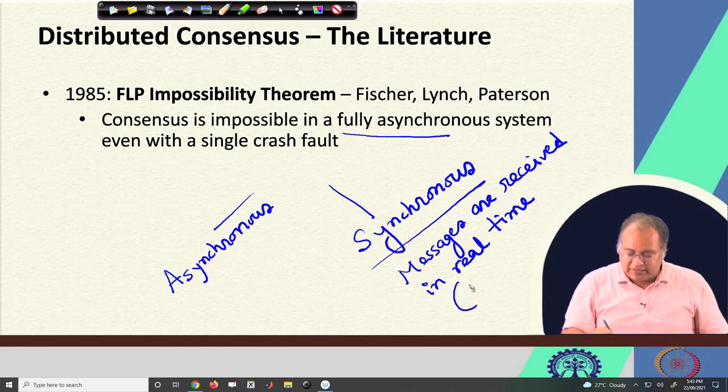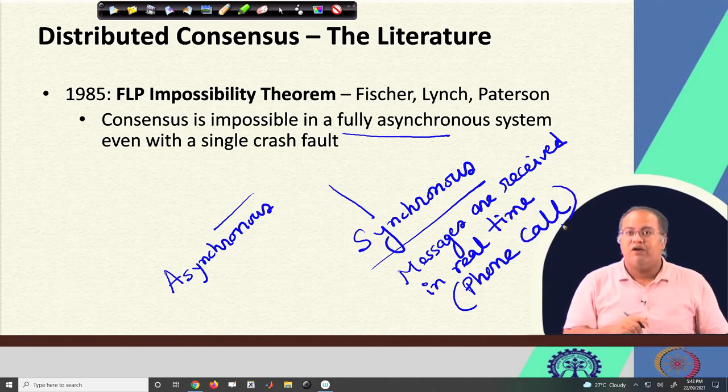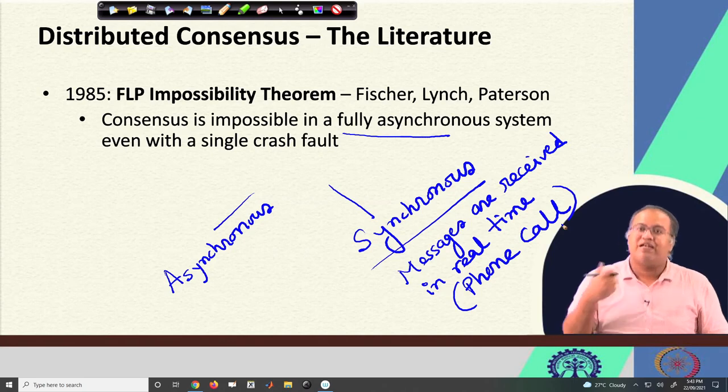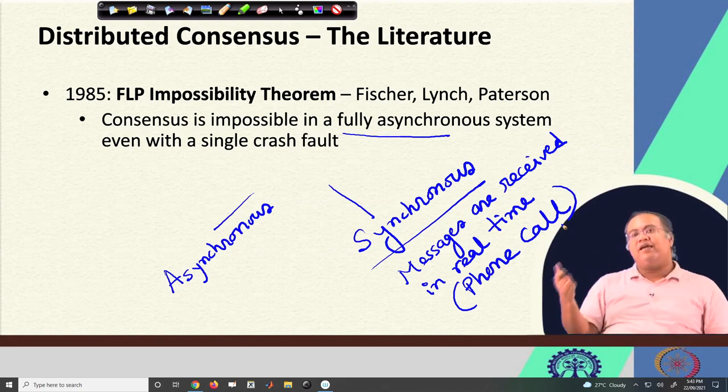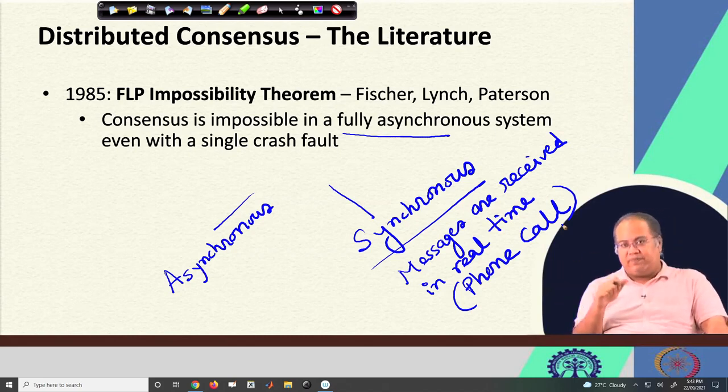You can just take the example of a phone call. Whenever you are ringing, if that person picks up the phone call, immediately you can say, hey, I want a pizza, or hey, I want a burger. And immediately the information gets delivered. So this is what we call a synchronous system.